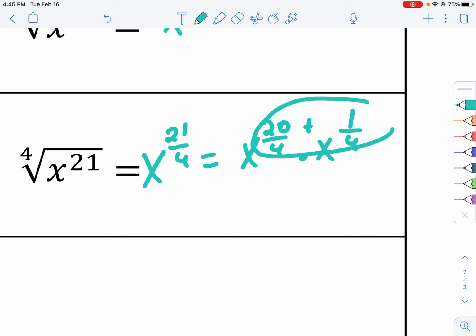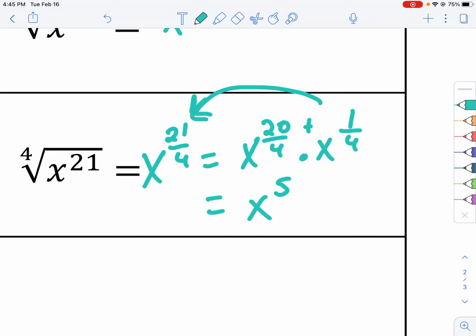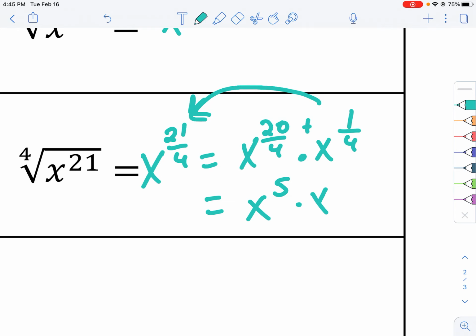Exponent rule says you would add these two together. That would give you your 21/4. 20 over 4 is just x to the 5th multiplied by the 4th root of x. Or you could even keep it as x to the 1/4 if you prefer.